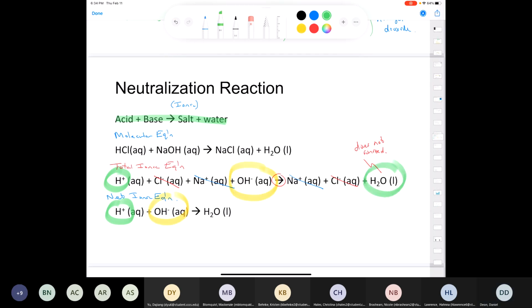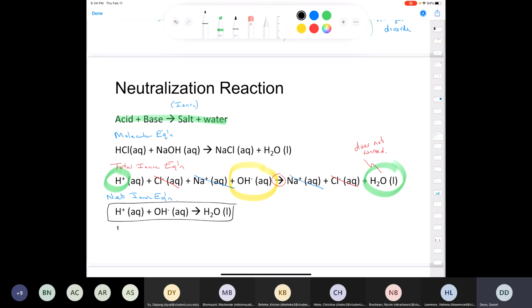Plus hydroxide produces water. That's our net ionic equation: hydrogen ion, the proton, plus hydroxide gives you water. What you're going to find is that for a neutralization reaction, the net ionic equation will almost always be the same.